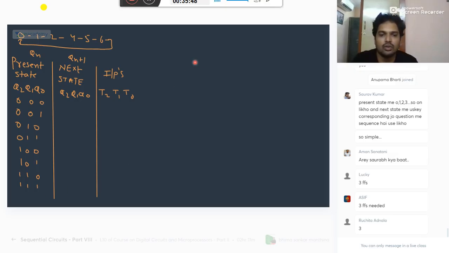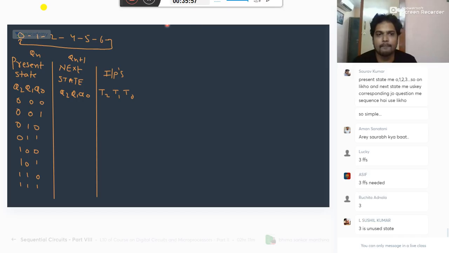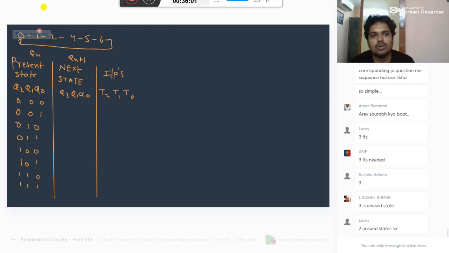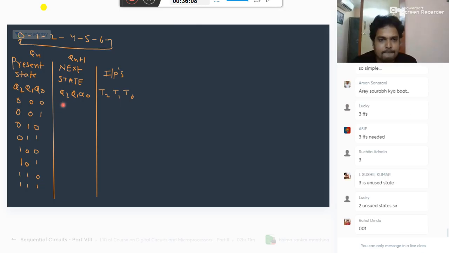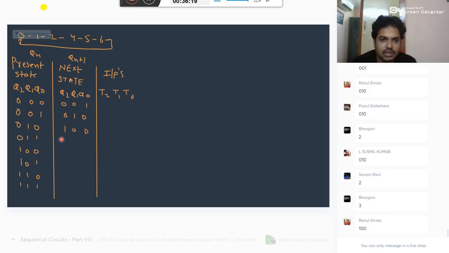Okay. So here you should have, listen here. Here this is the circuit, right? So 0, 1, 2, 4, 5, 6. So what are the next states? 0 connect state is 1. 1 connect state 2. 2 connect state 4. 4. 3 connect state is not there.